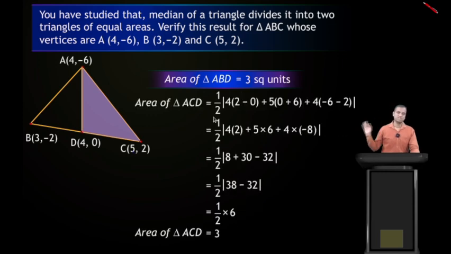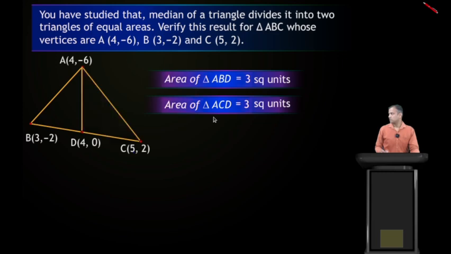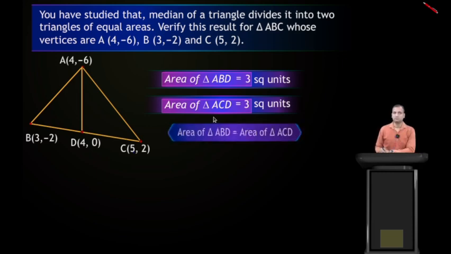Okay, again we use the same formula and we found that it is again 3. So areas of both triangles are equal. So by this we can prove that this theorem is true. So area of triangle ABD equals area of triangle ACD.